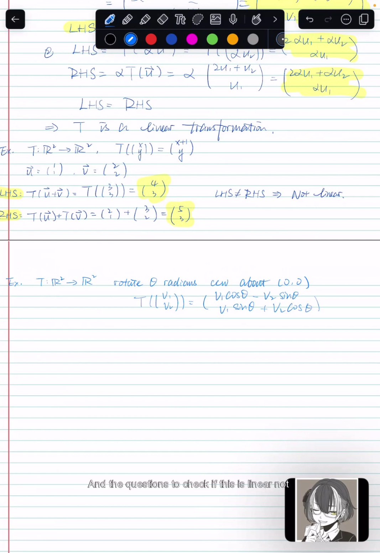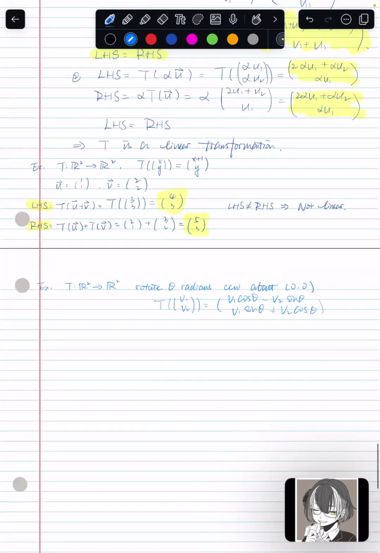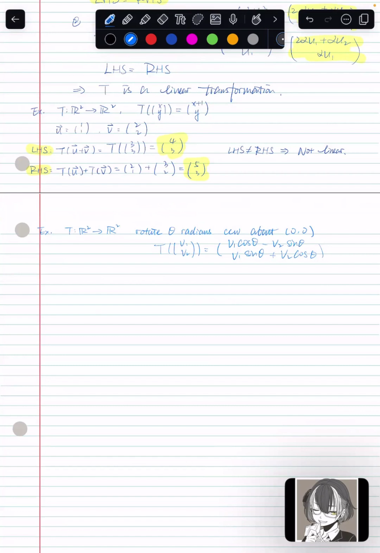And the question is to check if this is linear or not. You can take like 5 minutes to do this question and tell me if it's linear.